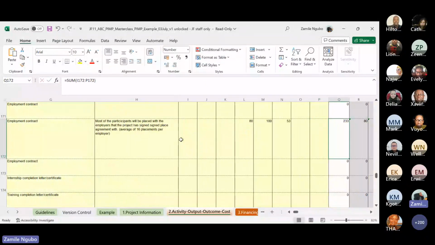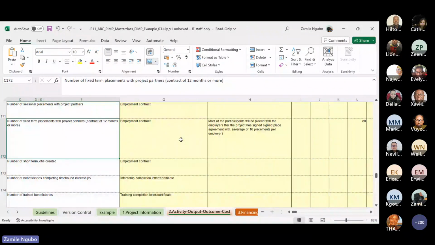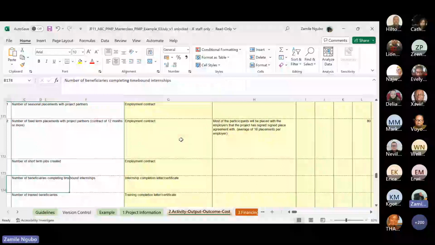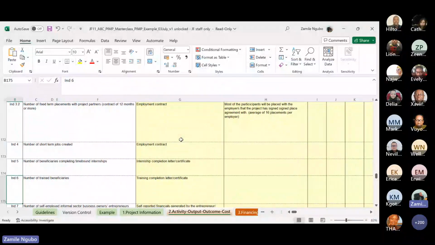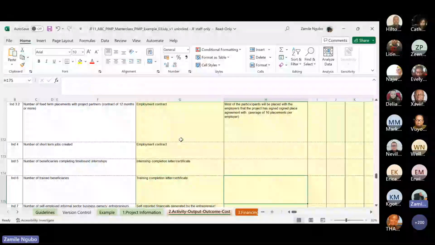So here is 233. Then the last program indicator that is in the project example is the number of trained beneficiaries. So this is a skills development program. So the main activity, the majority of activities, is about training. So the example provides 475.